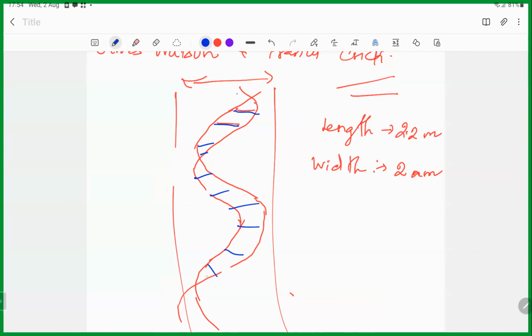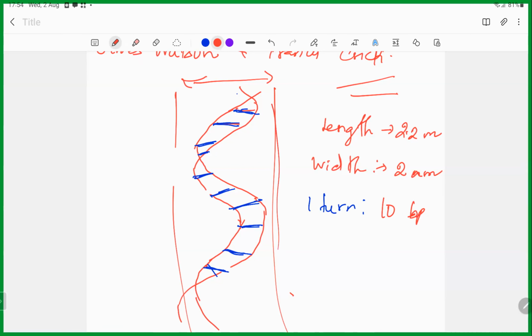Can you see? 1, 2, 3, 4, 5, 6, 7, 8, 9, 10. Can you understand? So 1 turn consists of 10 base pairs. Actually 10.5, but you just remember 10 base pairs.